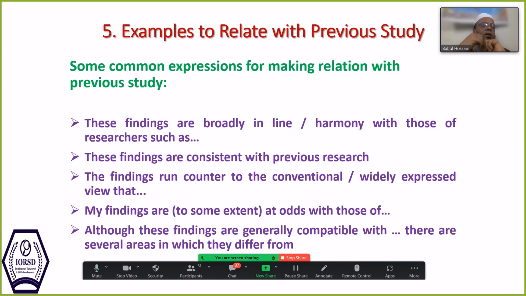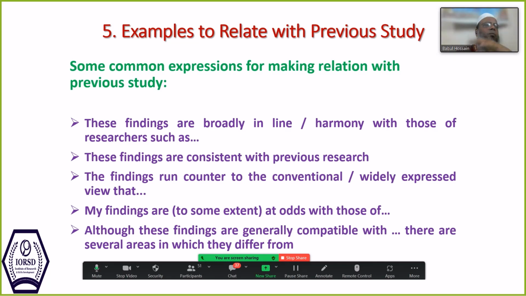Number one, the findings you got. You have to relate these findings with the previous study. What other authors got the same results? You have to refer to that. Secondly, you have to give the theoretical evidence.